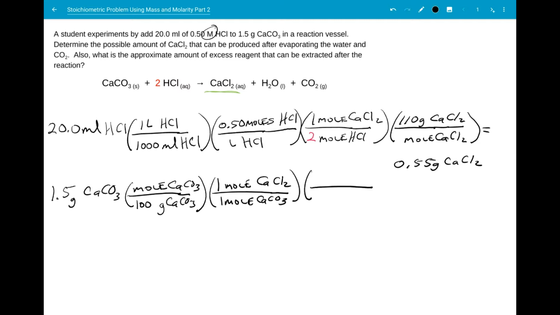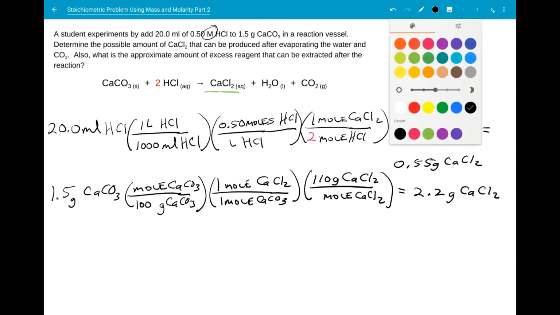I'm going to use the mass again. Whatever units up top, put on the bottom. A mole of CaCl2 is 110 grams. Notice that I am able to repeat, but this time it's a whole different value, 2.2 grams CaCl2. What is this giving us?